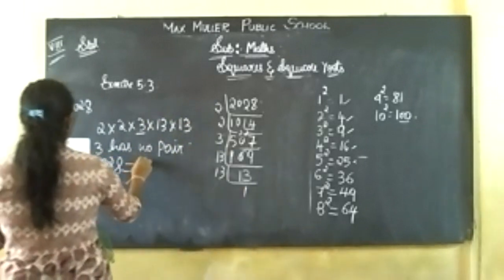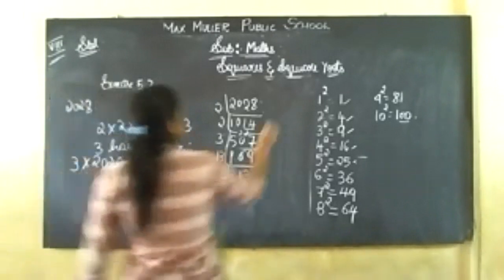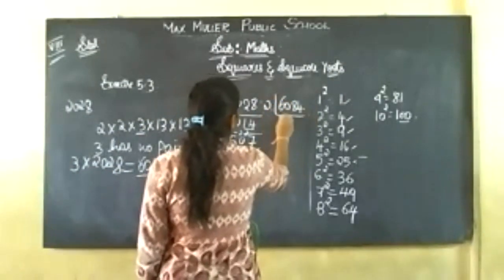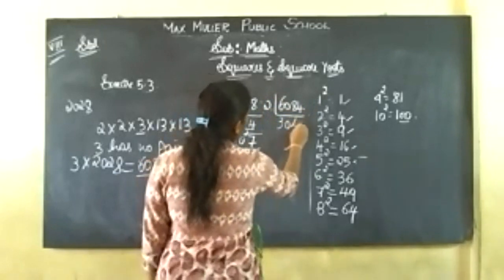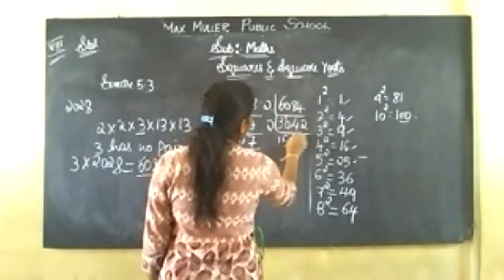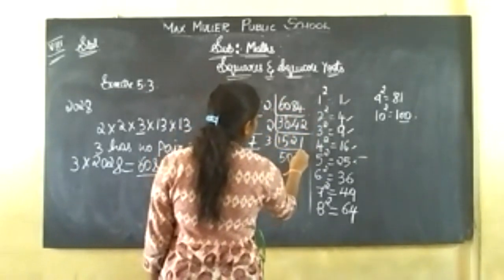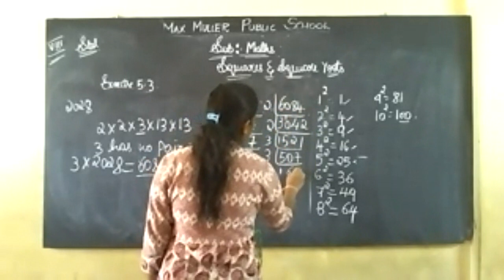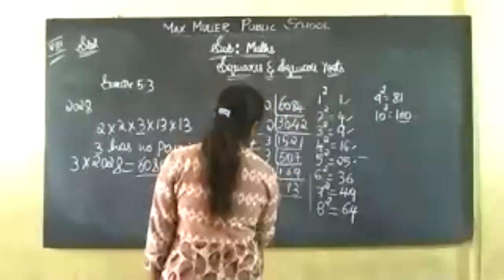So you will get 6084. 3s are 6, 0, 2 4s are 8, 2 2s are 4, 2 1s are 2, 1 carry, 2 5s are 10, 2 2s are 4, 2 1s are 2, 3 5s are 15, 3 7s are 21, 3 1s are 3, and like this only 169, 13 13s are 169.